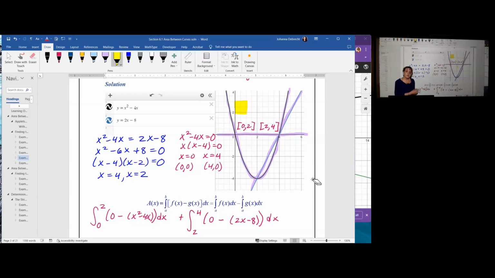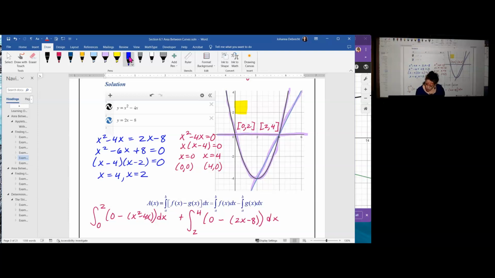In other words, instead of y equals something with x, it will have to be x equals something with y. And then, instead of drawing the strips vertically, I would connect them left and right. When we go with respect to y, it's left, right, not above, below.